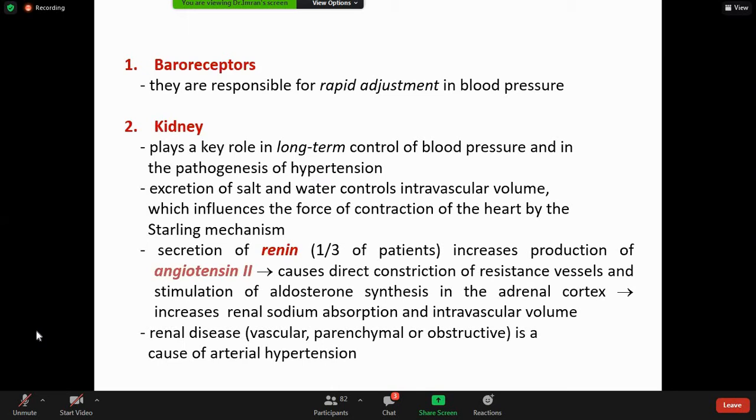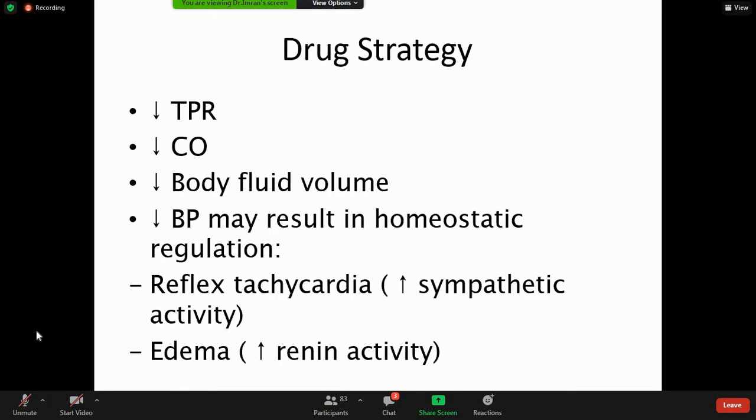So this is how we can avoid the reabsorption of salt and water, and we can avoid the high blood volume that can occur due to it. Renal disease like vascular, parenchymal, or obstructive is a cause of arterial hypertension.